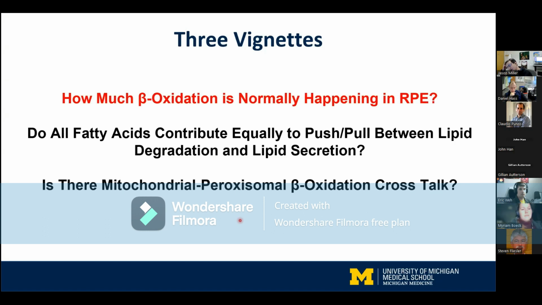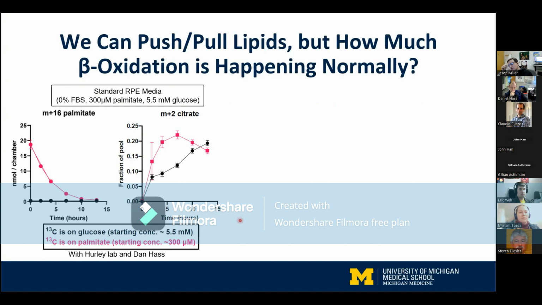Let me give you a couple of pieces of data to support that question. This is in conjunction with Jim's lab, and in particular with Dan. We fed our RPE cultures with C13 on palmitate or C13 on glucose.